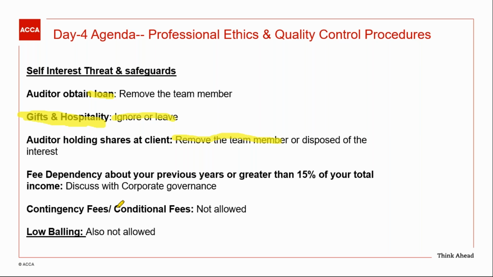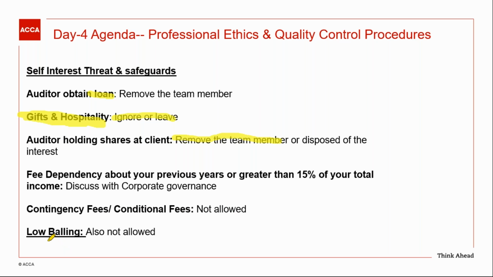Because if they reverse it, the overstated profit will come down to the actual position. In short, the profit will reduce, so ultimately their fees will also be reduced. So contingency fees and conditional fees are not allowed.